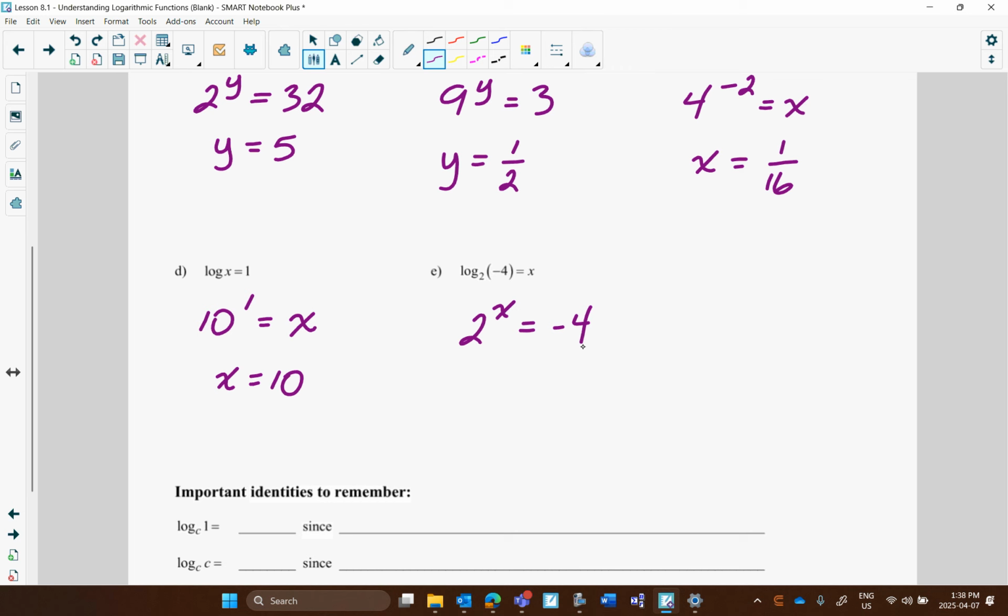Not 1/2. It's not the square root. Because if I did 2 to the 1/2, that's the same as square root of 2. That's not 4. If I did 2 to the -2, isn't that the same as 1/4? Not -4. Okay, so yeah, there's no solution. We can't do it.